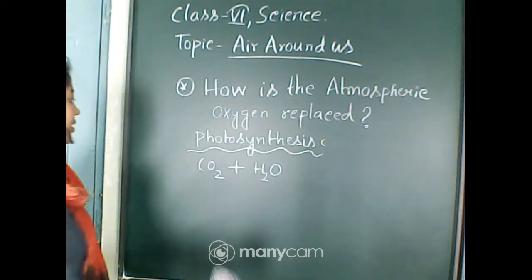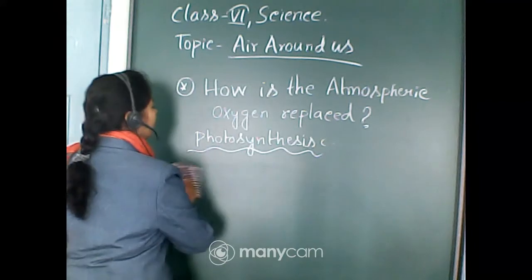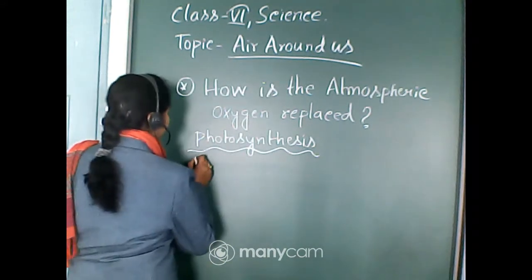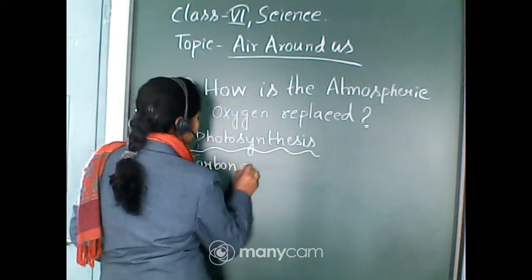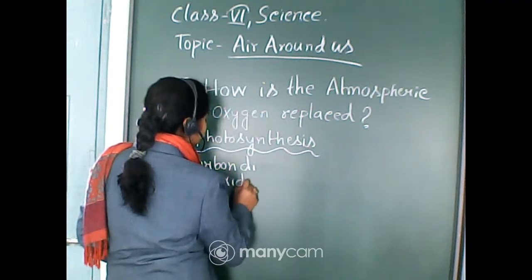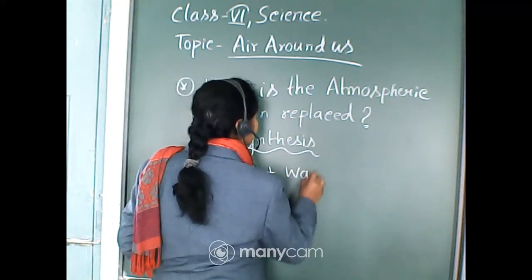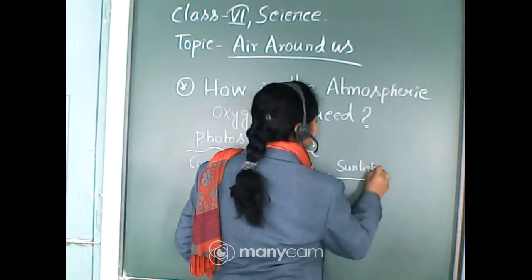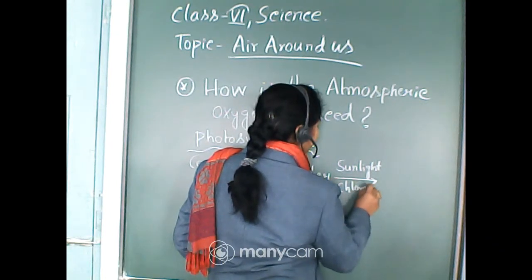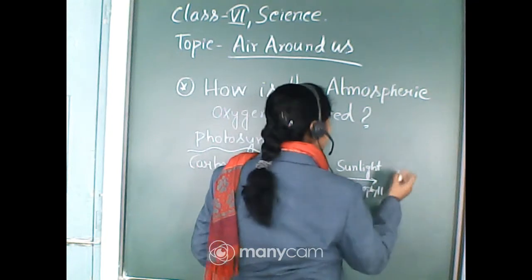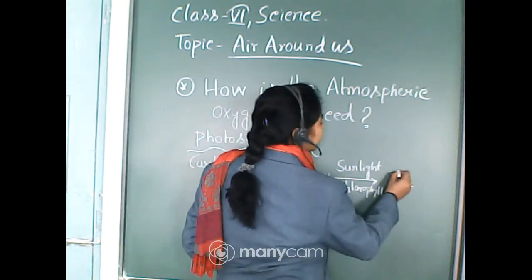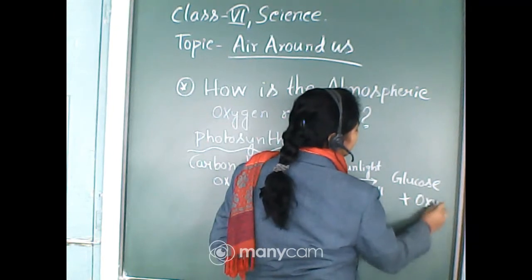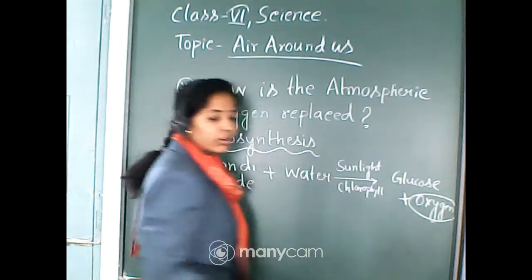I will not write the chemical formula, as you are not yet familiar with it, so I am writing it in words: carbon dioxide plus water, in presence of sunlight and chlorophyll present in their leaves, the product is glucose plus oxygen. So here we have got oxygen.